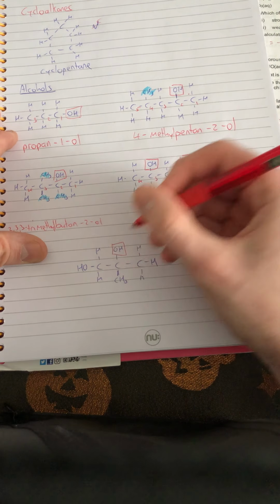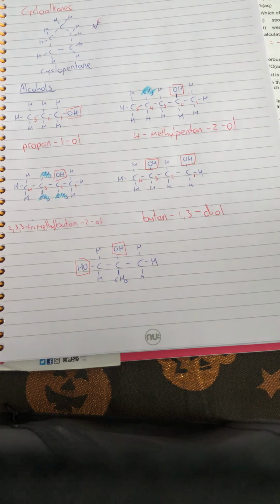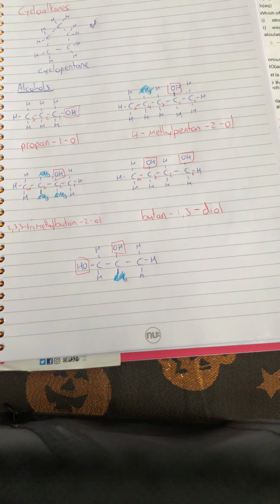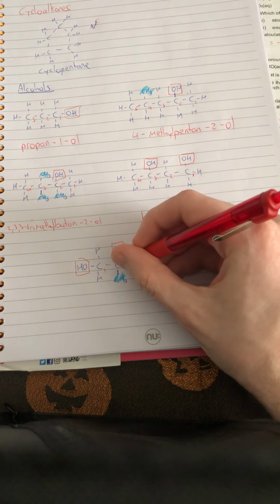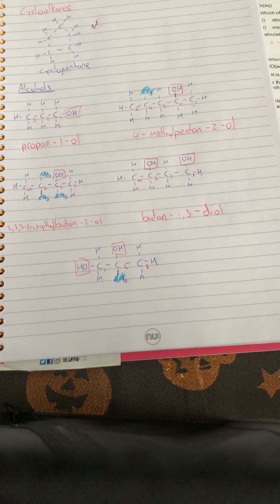Highlight your OHs, which is there and there, and we've got a branch on carbon 2. So label it from the side closest to the functional groups. That's carbon 1, carbon 2, and carbon 3.